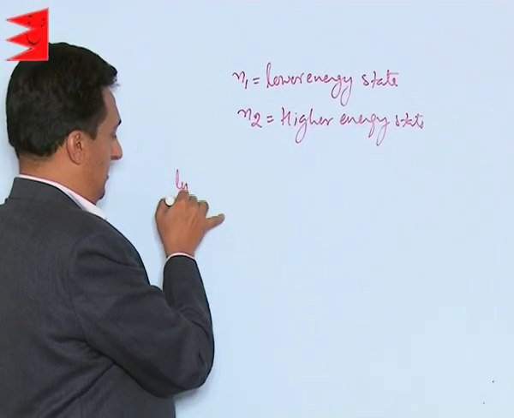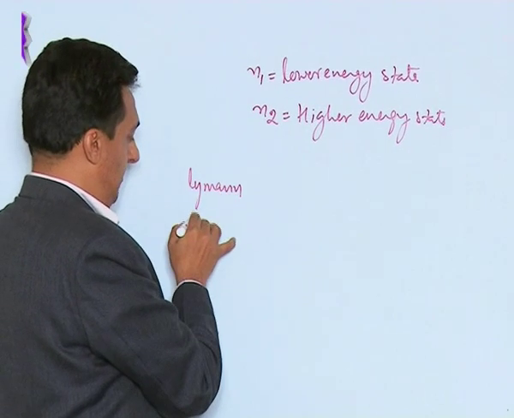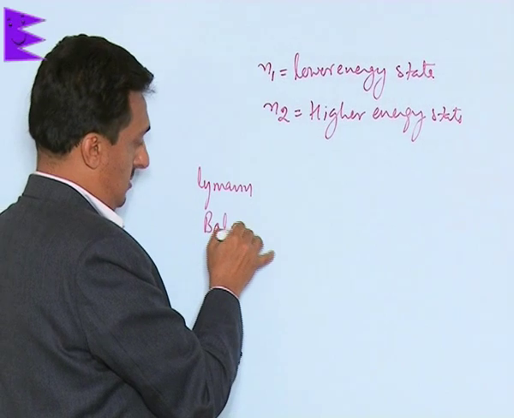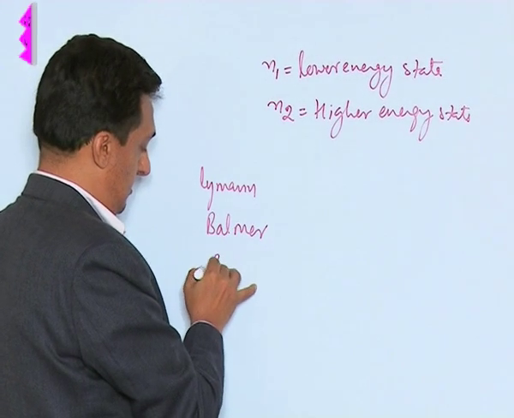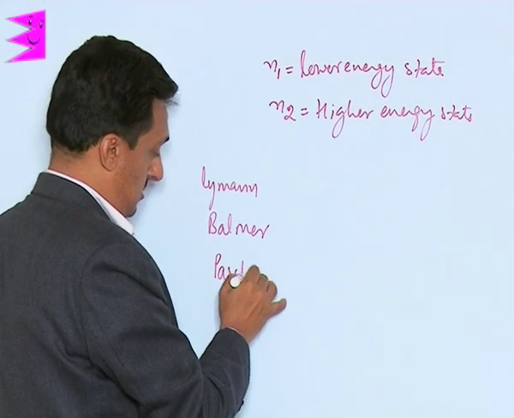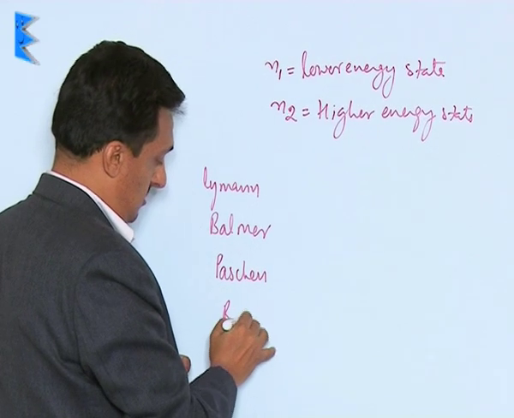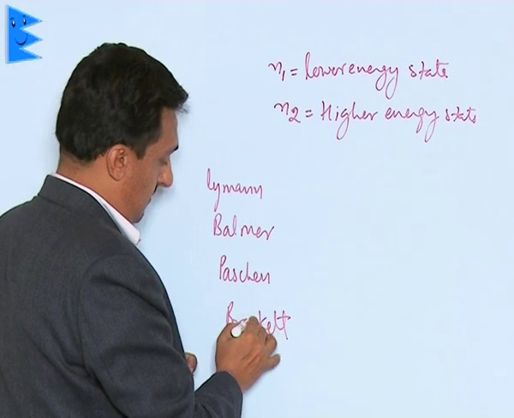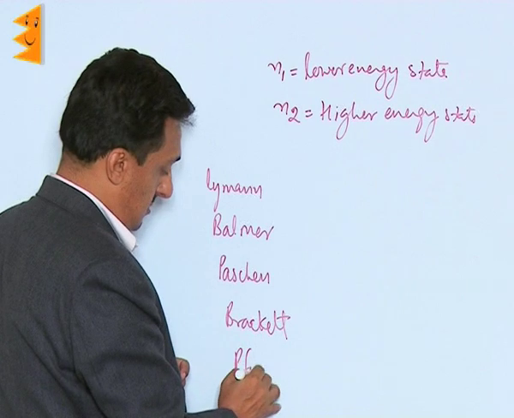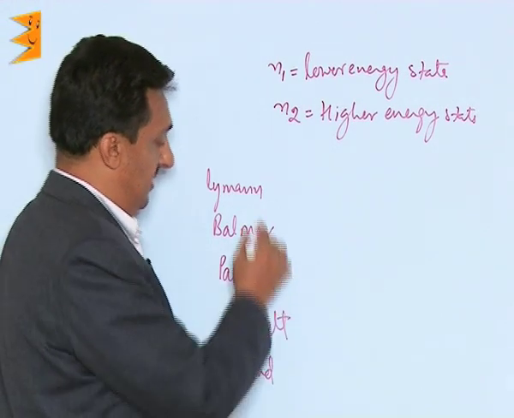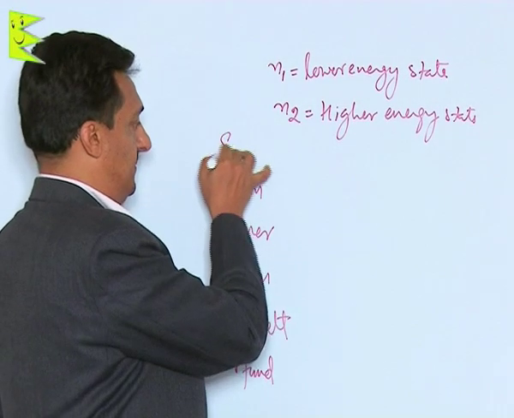Now remember the series: Lyman, Balmer, Paschen, Brackett, and Pfund. So these are the series we have.